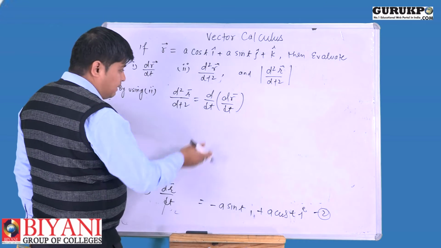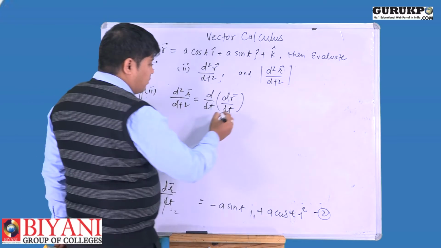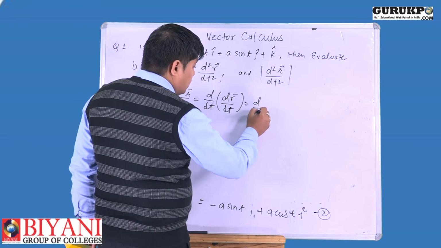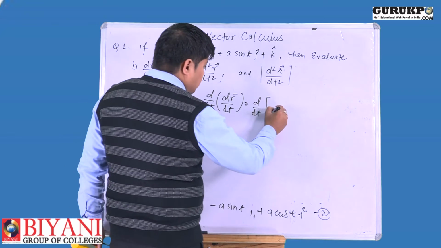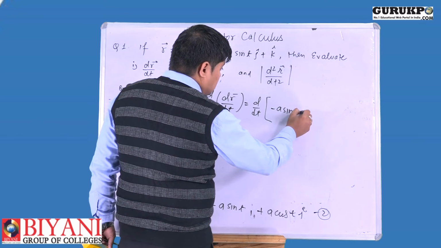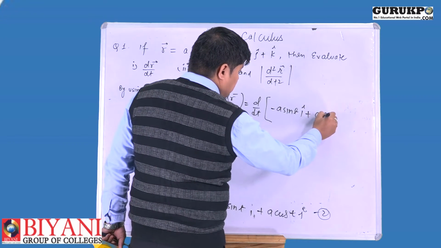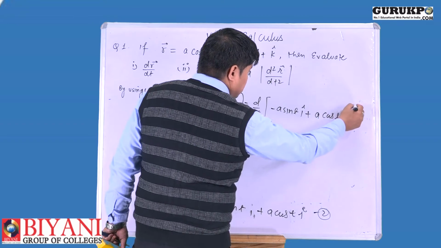Here dr by dt can be put from relation 2, so d by dt of minus a sin t i cap plus a cos t j cap.